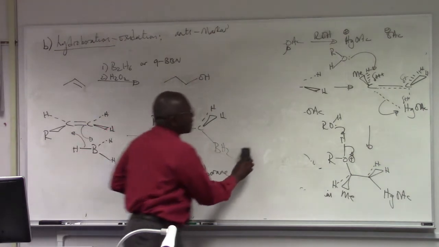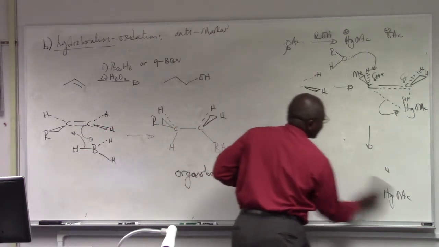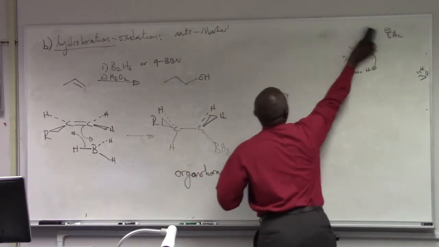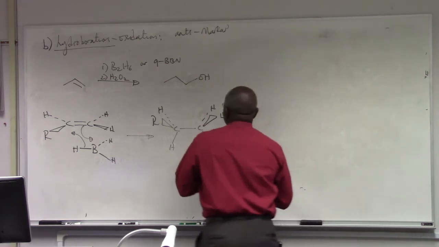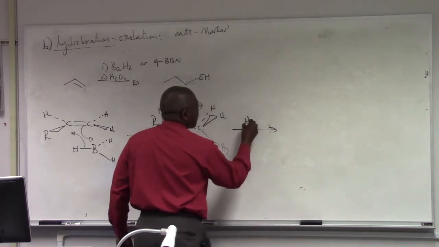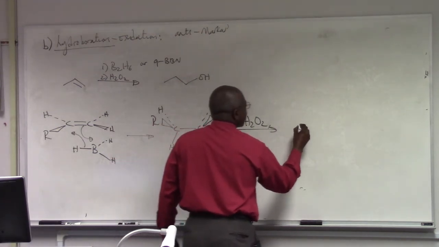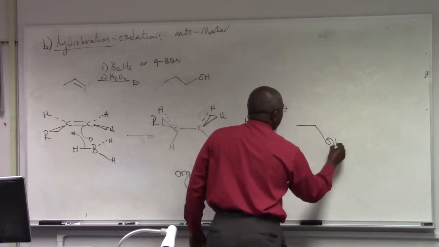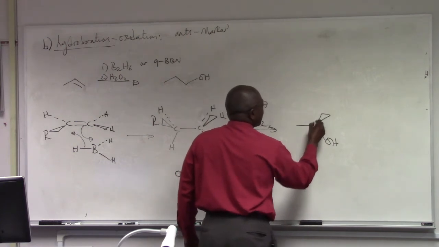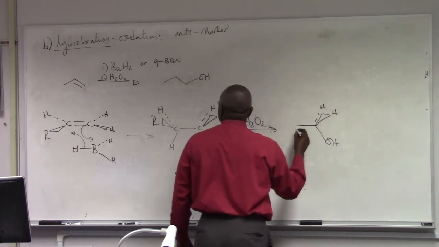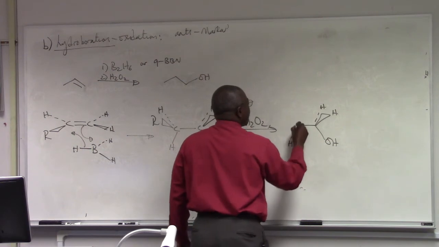In the last step, I'm going to simply oxidize the boron off the molecule using hydrogen peroxide. So hydrogen peroxide is a strong oxidizing agent. It will oxidize the boron off, and you end up making the corresponding alcohol, which, as you notice, is the anti-Markovnikov alcohol.